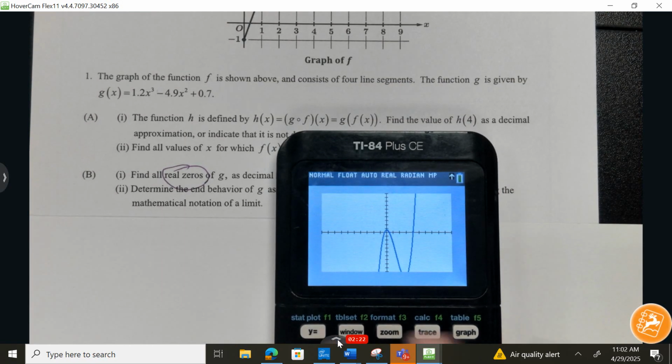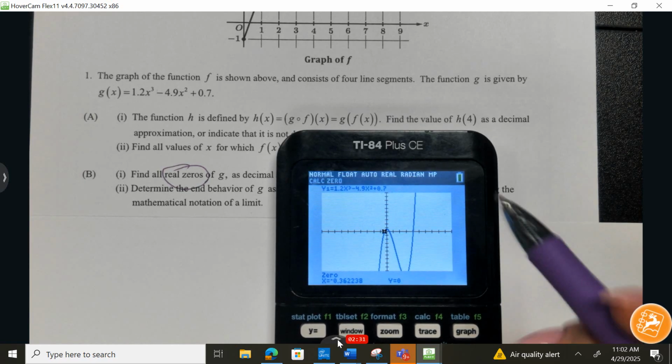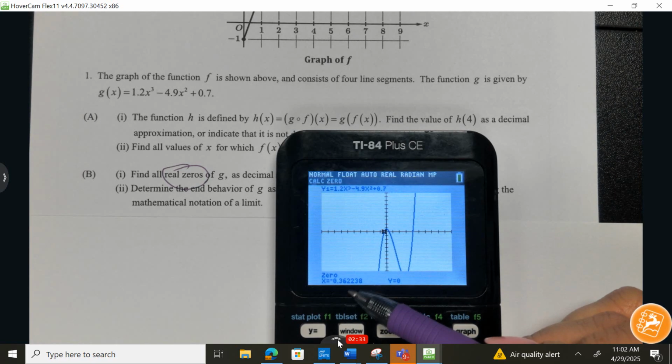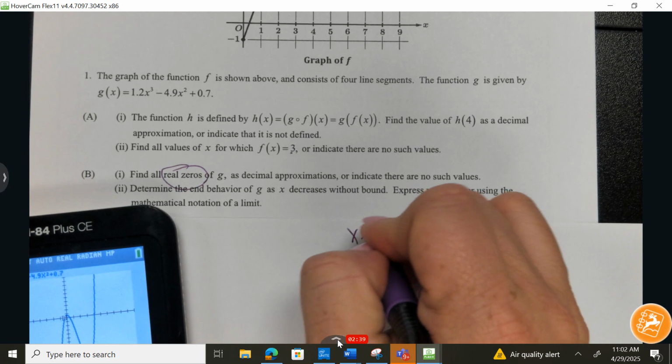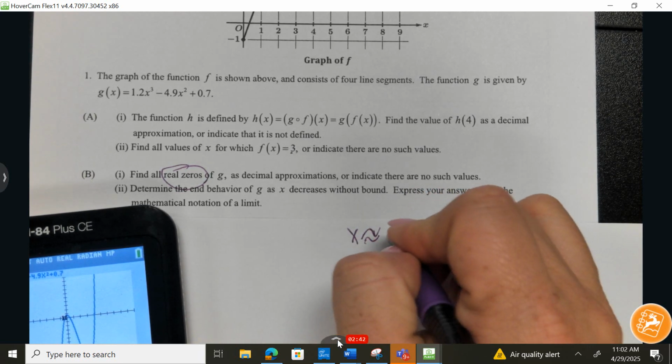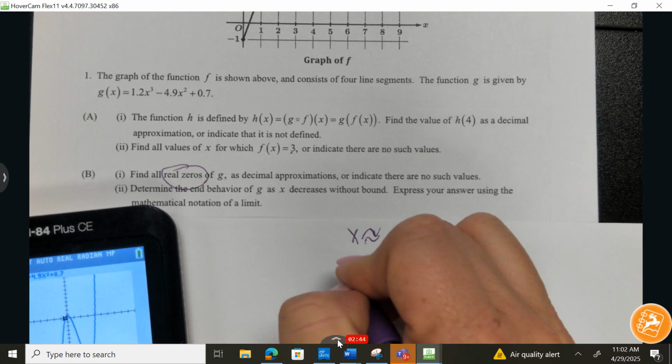Okay, let's go ahead. Second, trace, zero. So I'm going to go left, press enter, right, and back to that point. If it's a decimal, I'm going to round to the nearest thousandth, 3 places past. So negative 0.362, approximately negative 0.362.